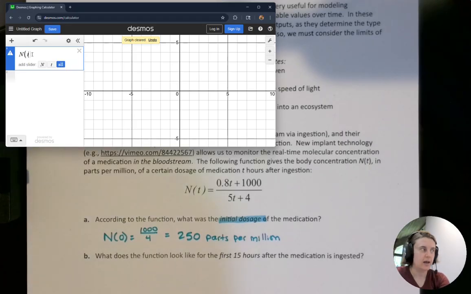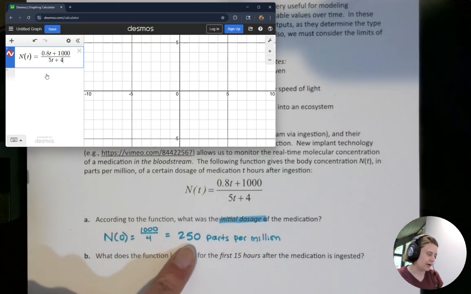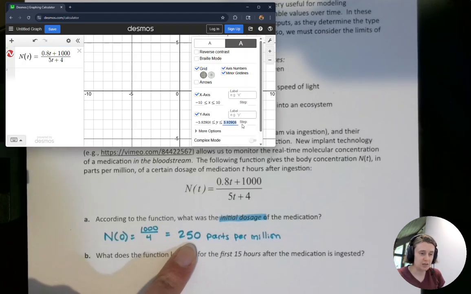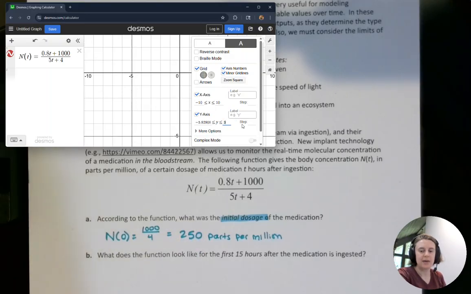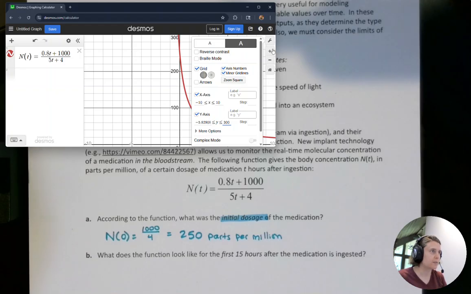So this function N of T is equal to 0.8T plus 1,000 over 5T plus 4. And it's helpful to me to know that the initial value is 250 parts per million so that I can rescale this. I need the Y value to be at least 250, probably bigger. So I'm going to make it 300 just so I'm going to be able to easily see where 250 is.